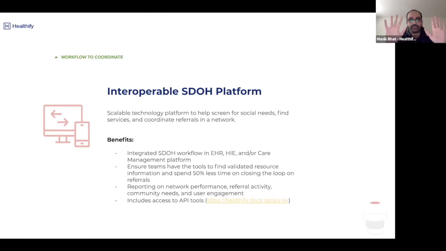Because when you think about it from the perspective of a community partner trying to adopt a workflow around SDOH, a care manager, a call center, a community health worker, or a provider that might be deployed in an outpatient setting, integrating a robust SDOH workflow is new a lot of the time and requires a lot of heavy lifting and understanding and workflow alignment and executive alignment across those organizations to really drive a workflow that makes sense and sustains. And that really starts with integration.